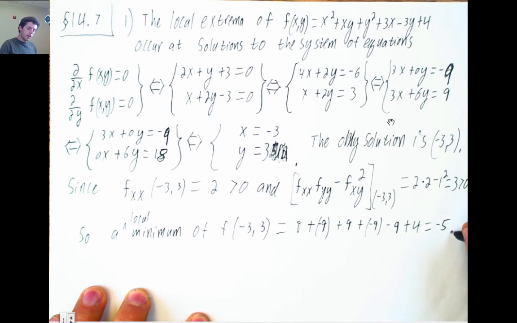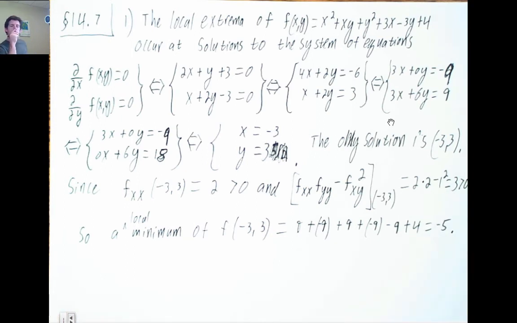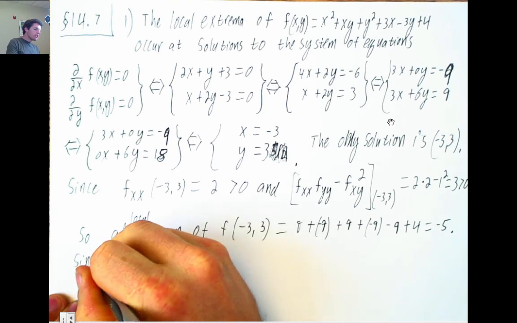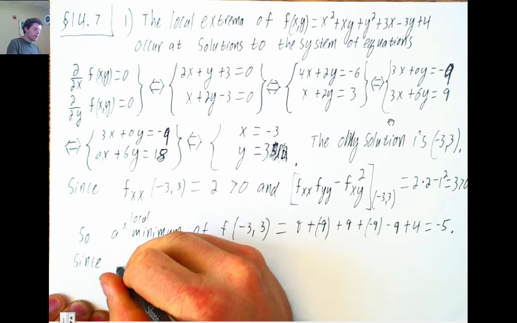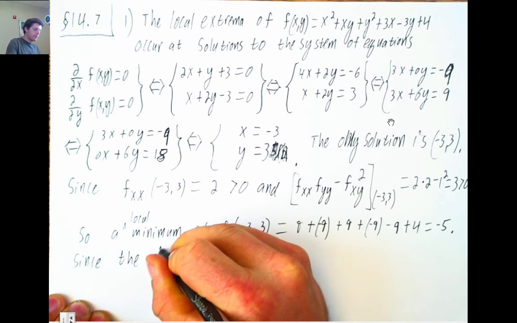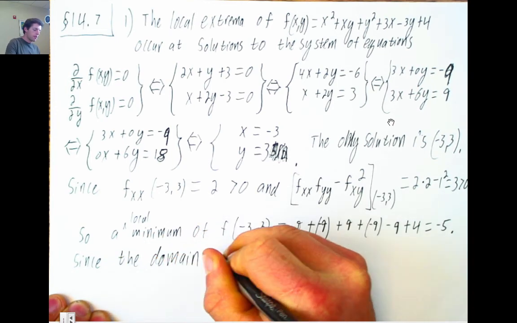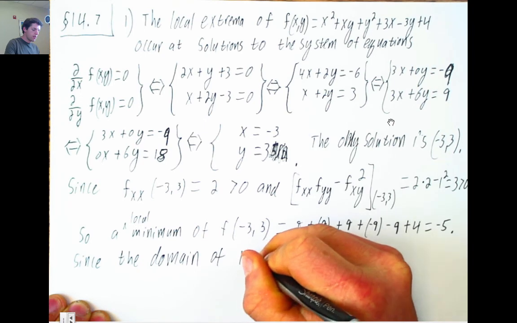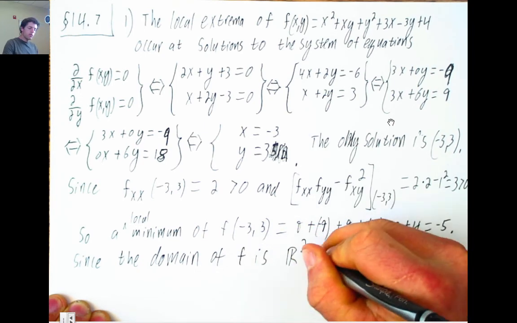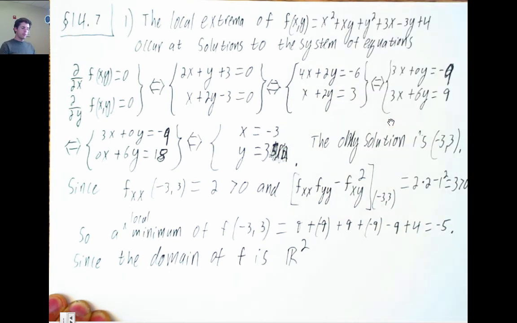Now, that is a local minimum. Is it the global minimum? Is it the smallest that this function ever gets? Well, we need to check the boundary of the domain of f. The boundary is all of R2, all pairs of numbers.